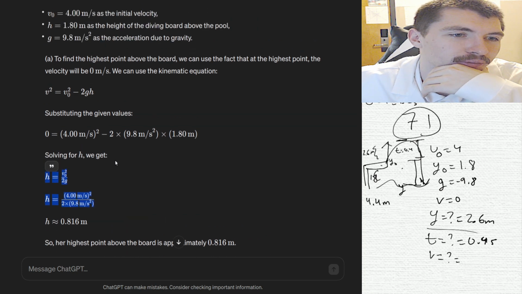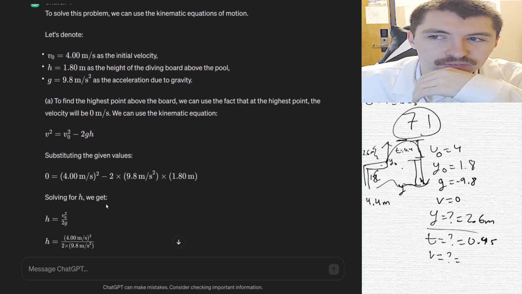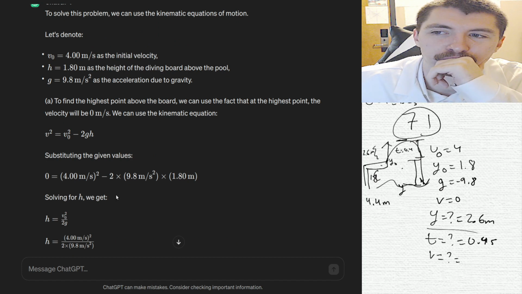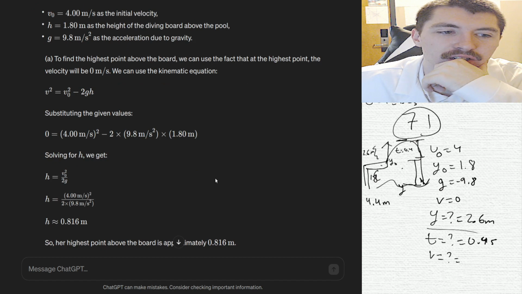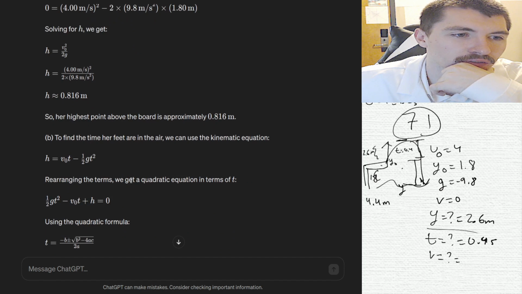I guess, where is the H here? H just disappeared. So I'm going to say this is a fail. So I'm going to stick with my 2.6 meters. Okay.